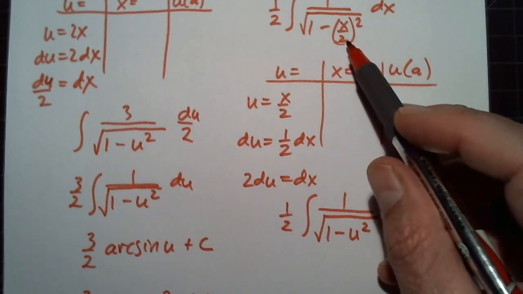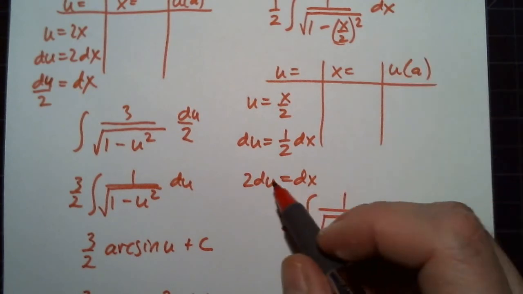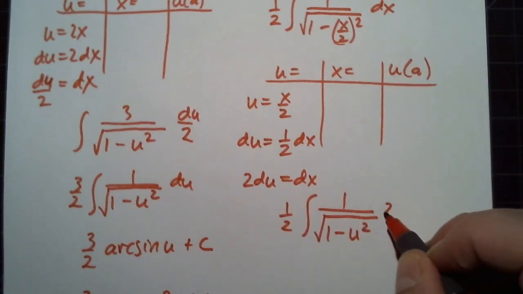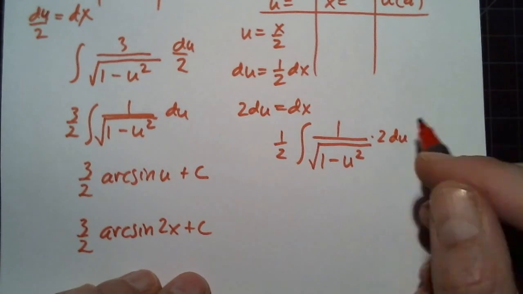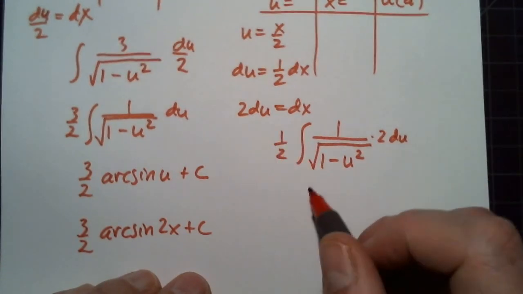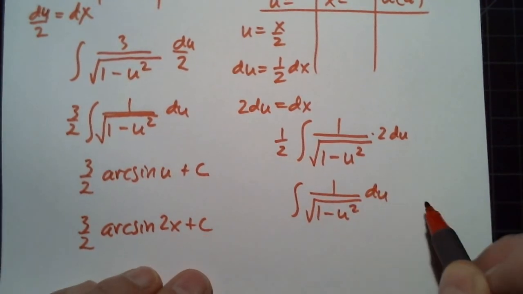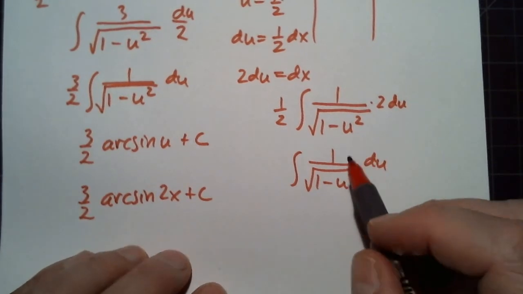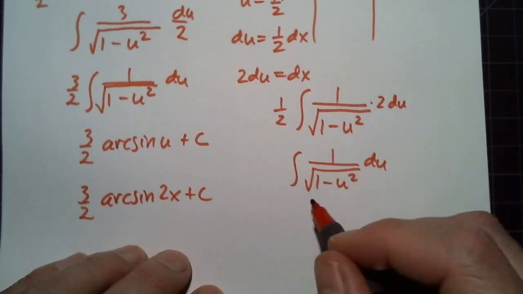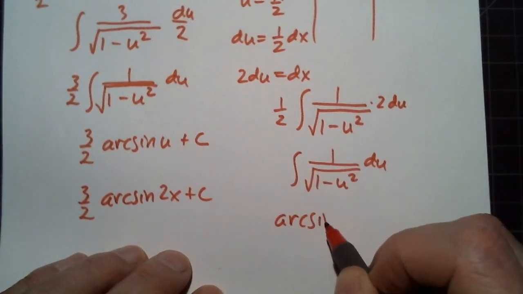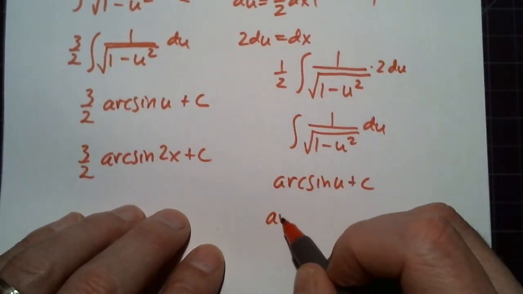We have a u squared, and dx, the differential of x, is 2 du. So we can put the 2 outside. That's 2 over 2, or 1 minus u squared du. The antiderivative of this is the derivative of arcsine, so the antiderivative is arcsine. And we know that u is x over 2.